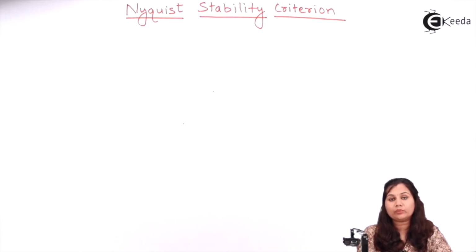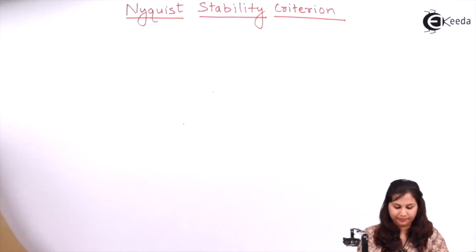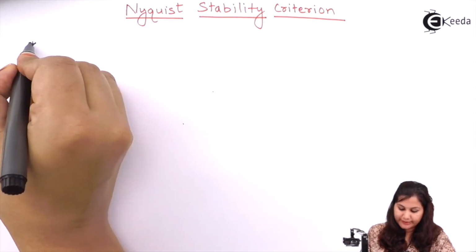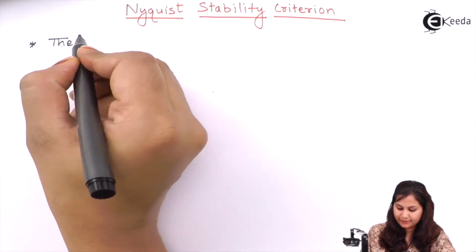We know that whenever we want to find out the stability of a control system, then we find out the roots of the characteristic equation.